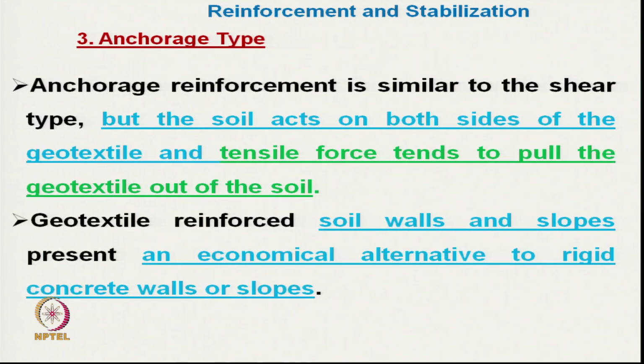Next is anchorage type. Anchorage reinforcement is similar to shear type, but the difference is that the soil acts on both sides of the geotextile, and the tensile force tends to pull the geotextile out of the soil.